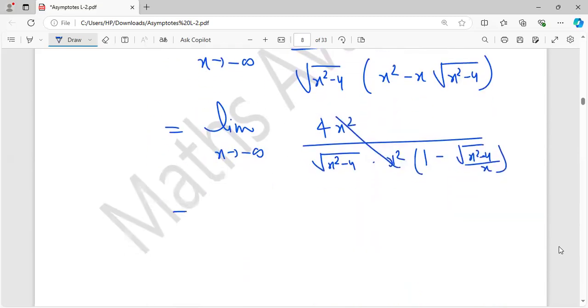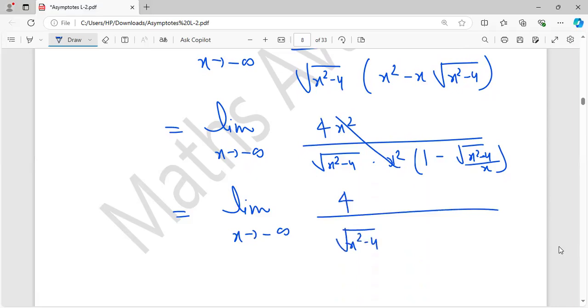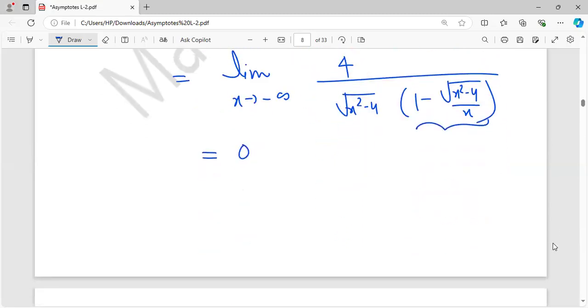But here, this factor is coming here. So this will be finite. And because this factor is coming, this is going to be 0. Okay. So what is A here? A is minus 1 here and plus B.